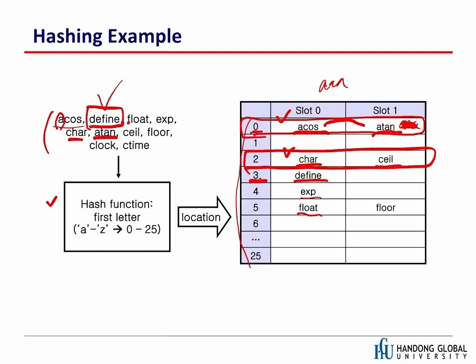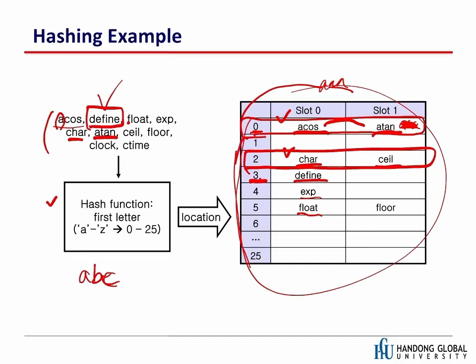Define should be here. Now let's assume that our hash table is kind of full, with some empty cells, and we are looking for a specific word like ABC.